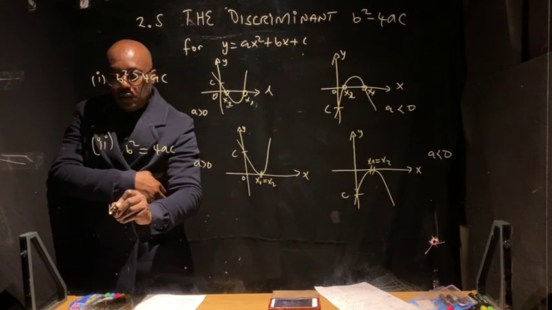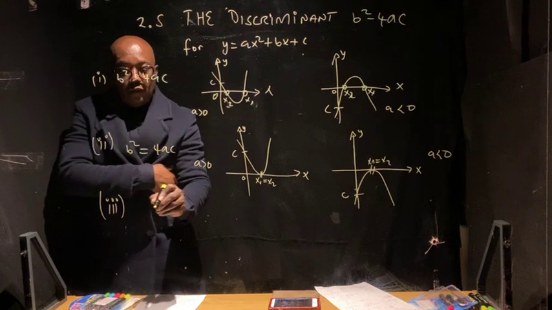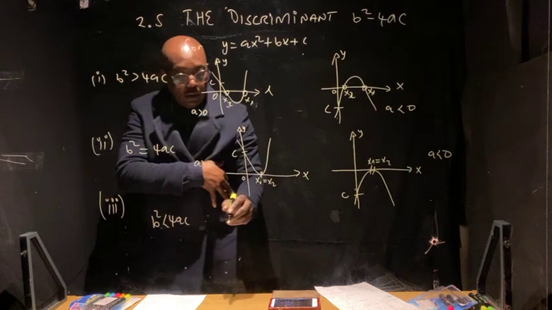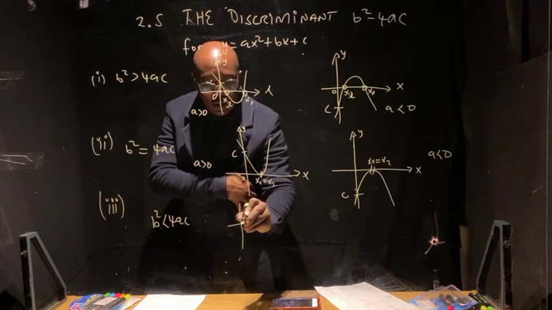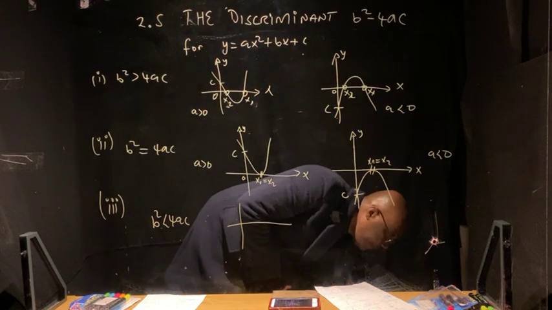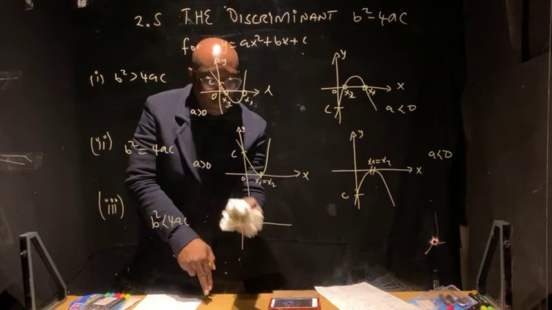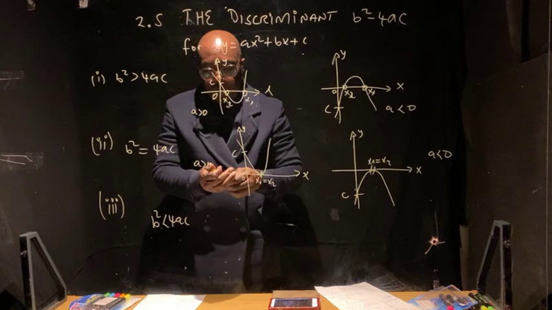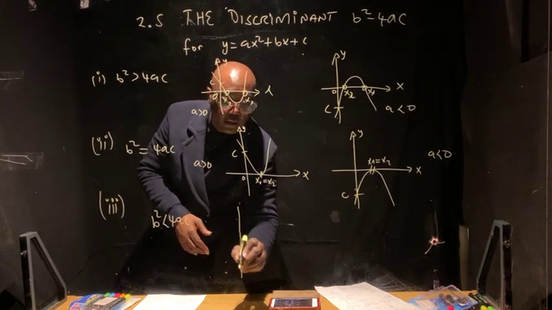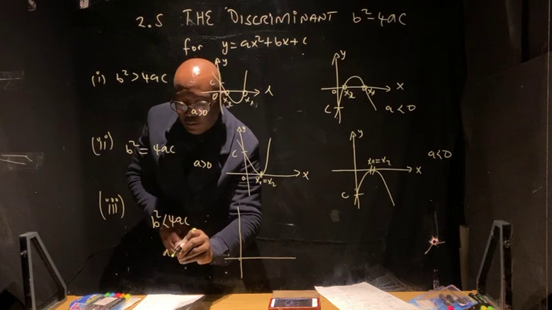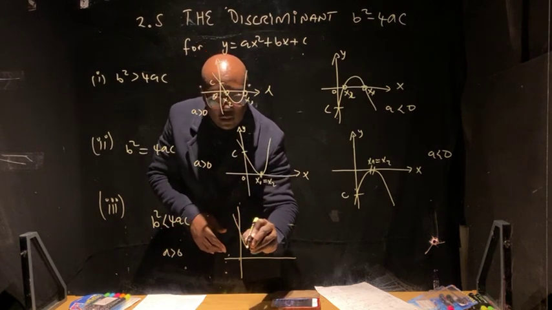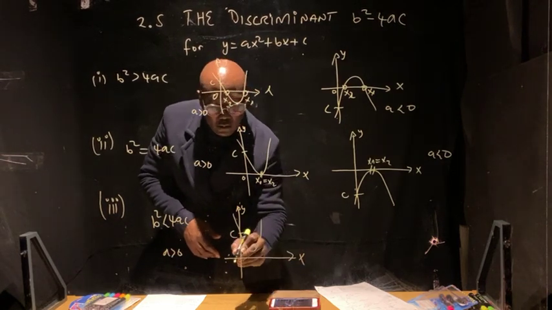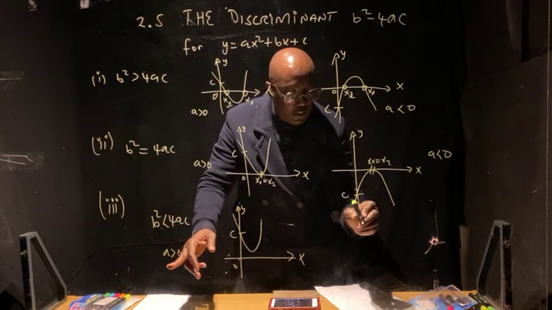And the third one, which is of the form b squared is less than 4ac, whose graph, under the condition that a is greater than 0. So the curve will not touch the x-axis.